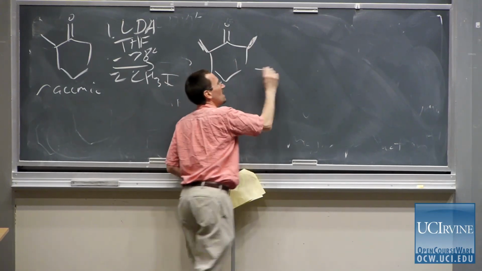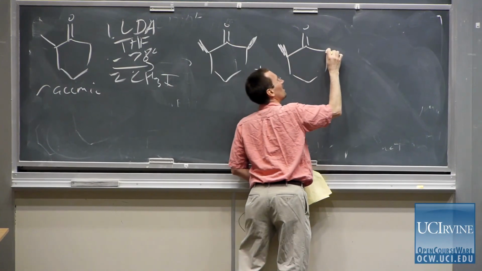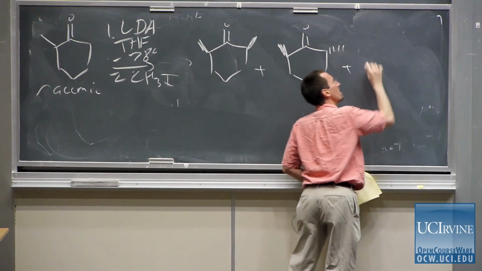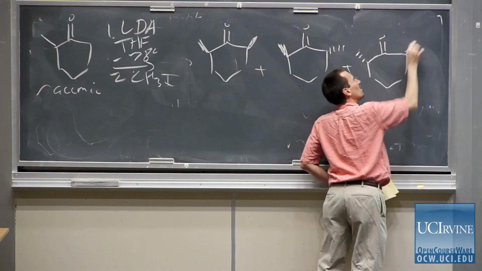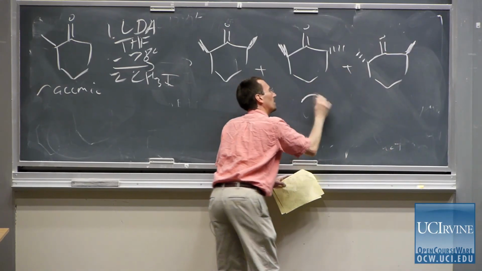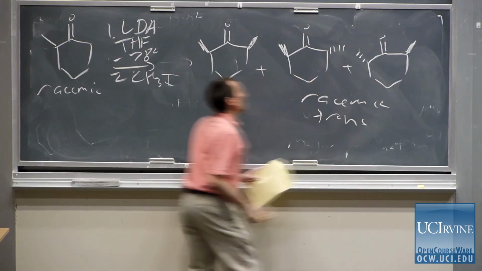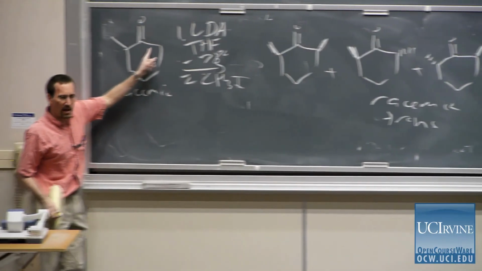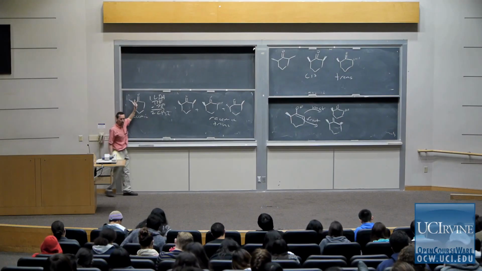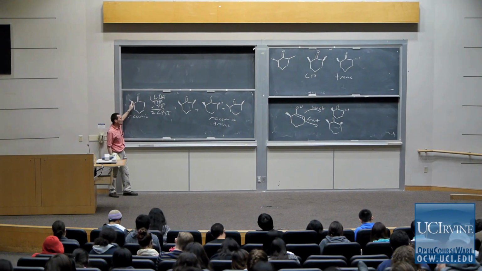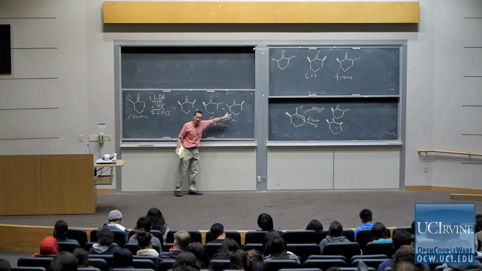But of course, the trans compound is going to be the racemic. In other words, we generate our enolate, and the methyl group, if it adds opposite the methyl group, depending on whether this methyl group is out or back, we're going to get the racemic compound.